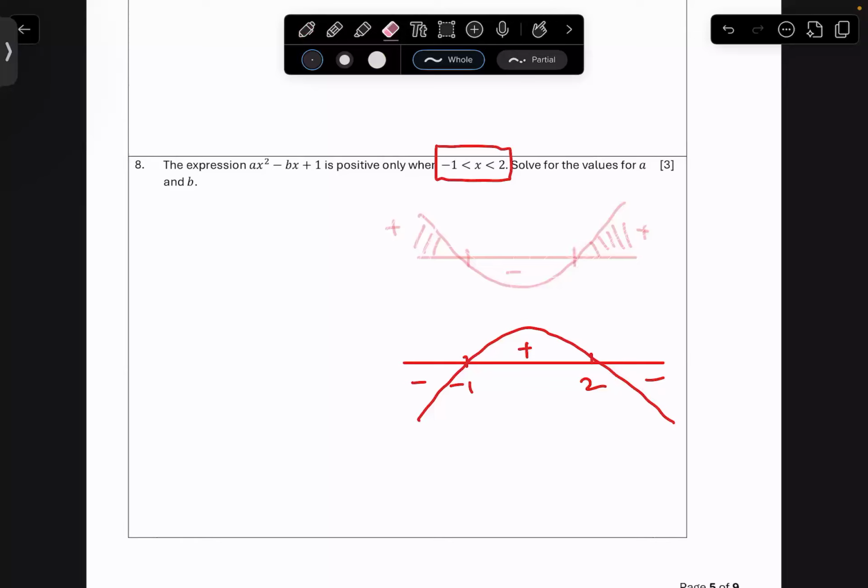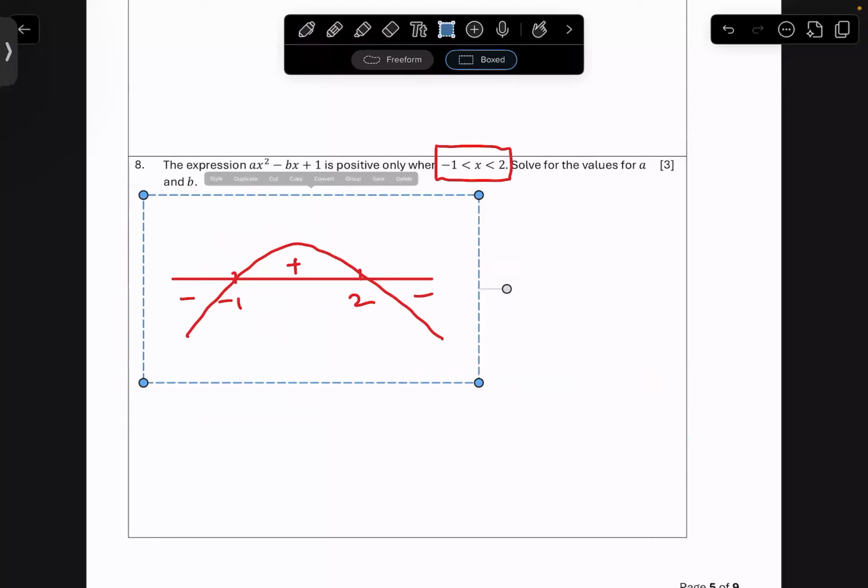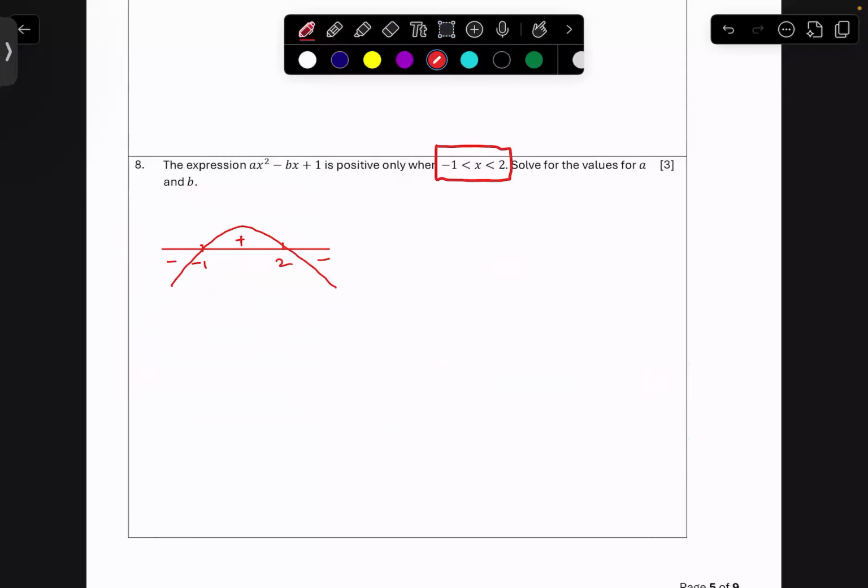Secondly, if I know the critical points, I can get a rough idea of how the quadratic equation looks.